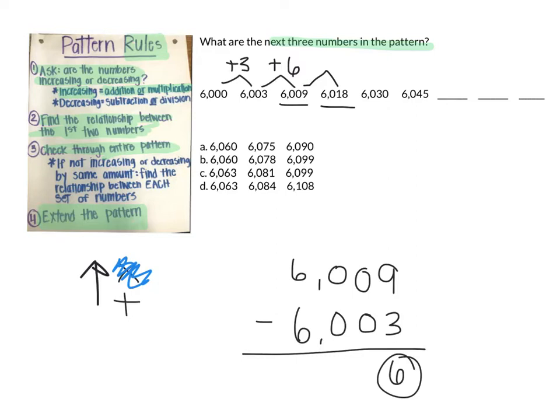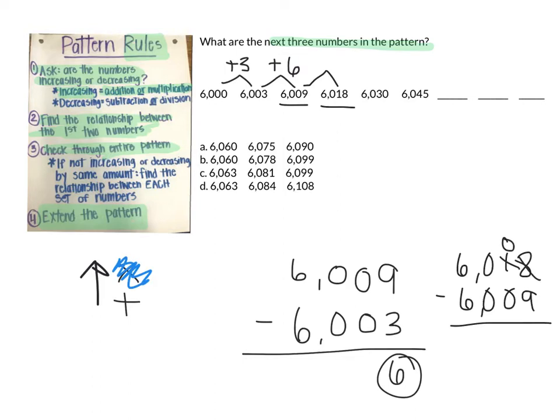So we can do 6,018, we always put the greater number on top, minus 6,009. 8 minus 9, we can't do that. There's more on the floor, so we go next door and borrow. My 1 becomes a 0.